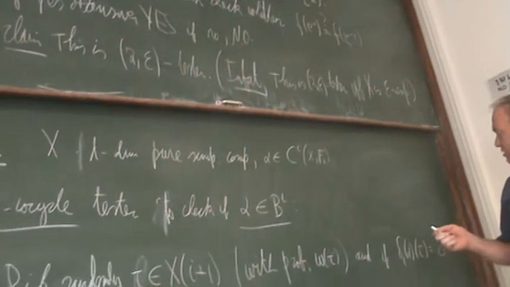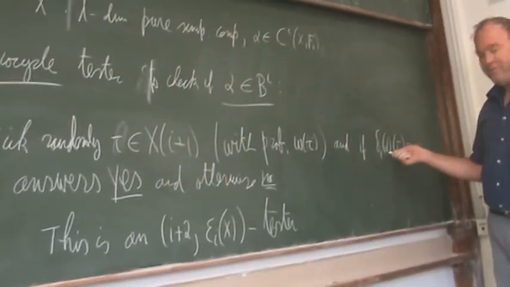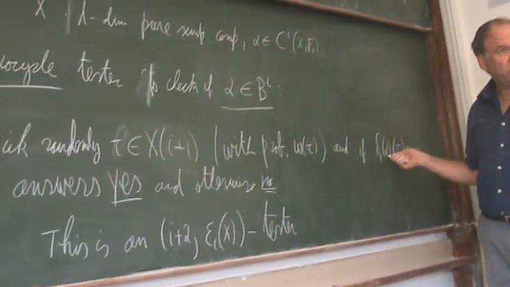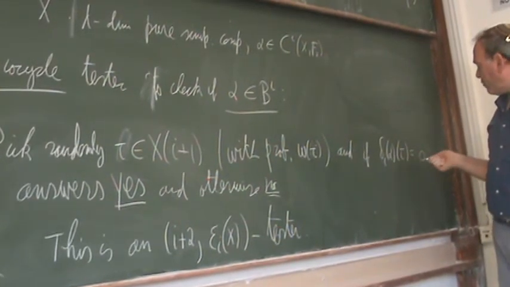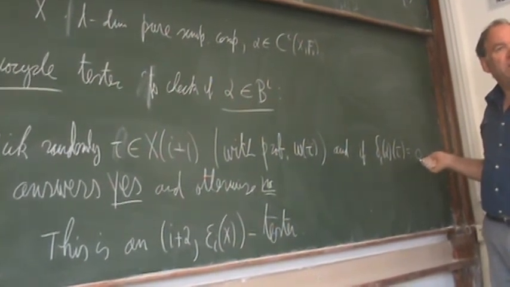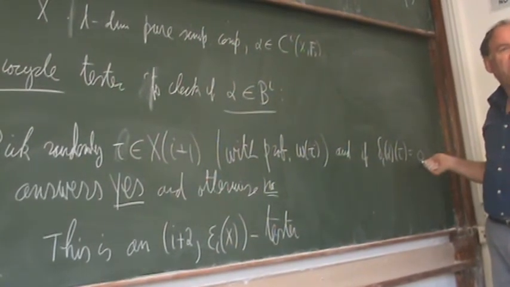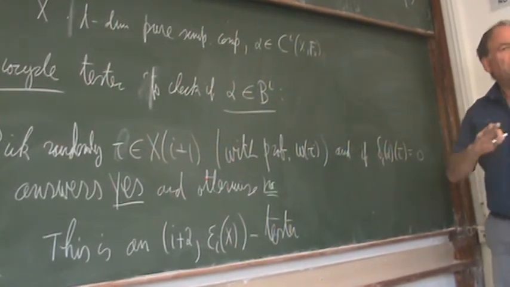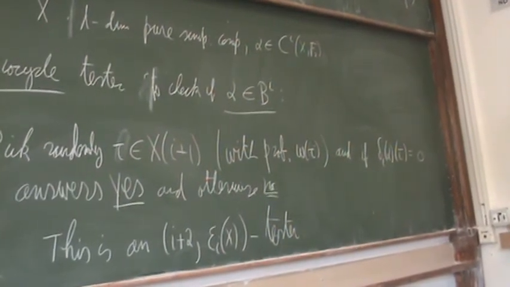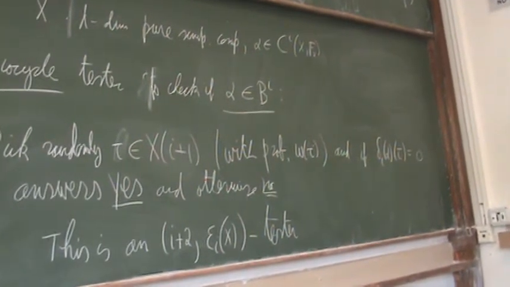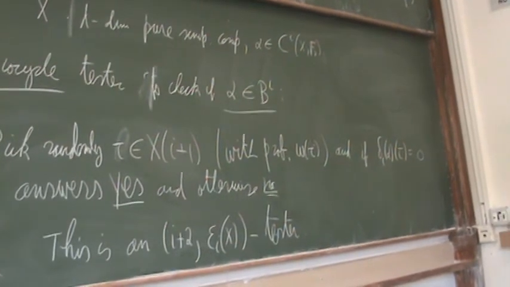So if it is a co-cycle, then delta I of alpha is 0, and therefore delta I of alpha of tau will be 0, and therefore we will answer yes. So we answer yes 100% of the time if this is a co-boundary. Now assume it's not a co-boundary.